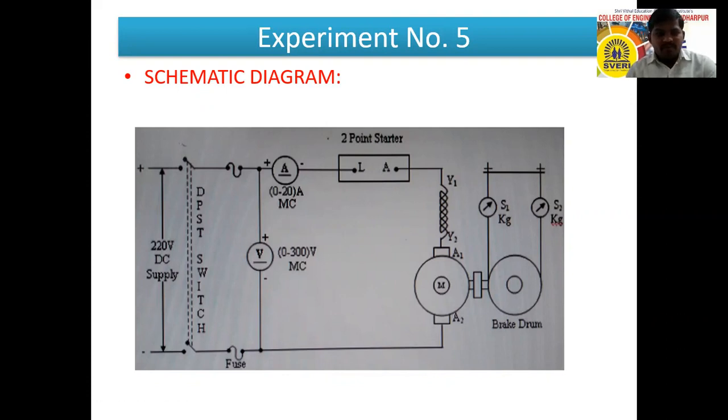Power output. पॉवर आउटचा फॉर्म्युला काय? VL into IL. पॉवर आउटपुट म्हणतोय मी, मेकॅनिकल P out चा फॉर्म्युला.